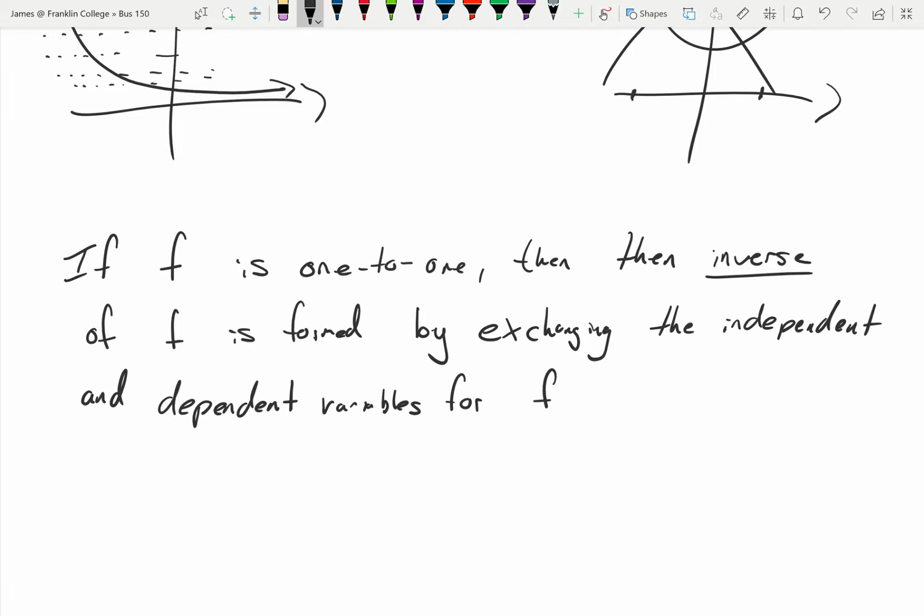So if we typically say y equals a function of x, all we're going to be doing is exchanging the x and y values.